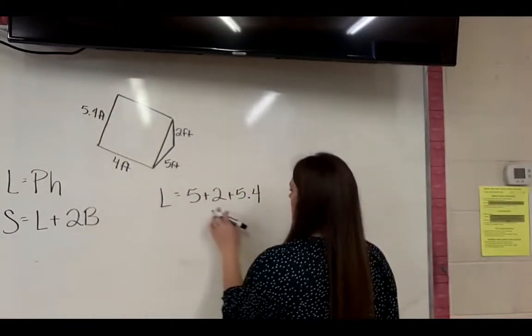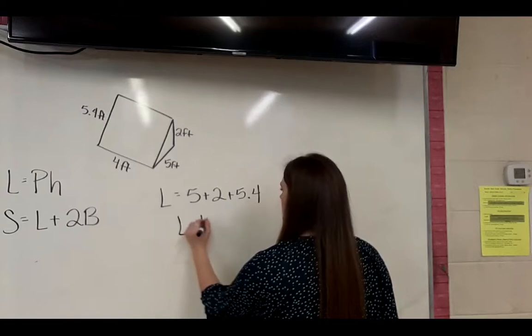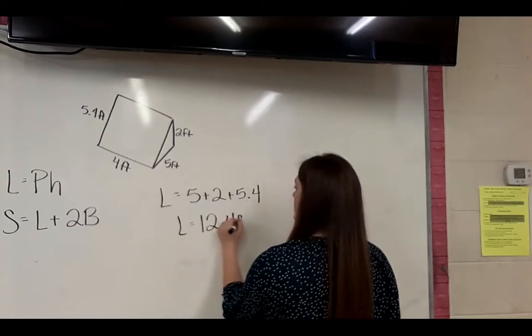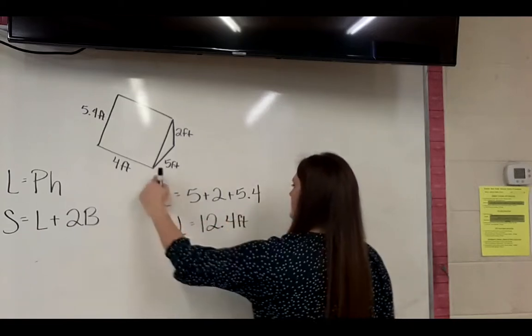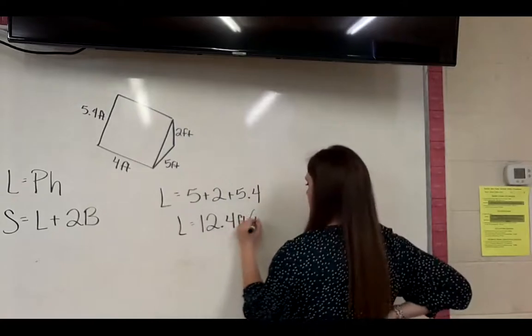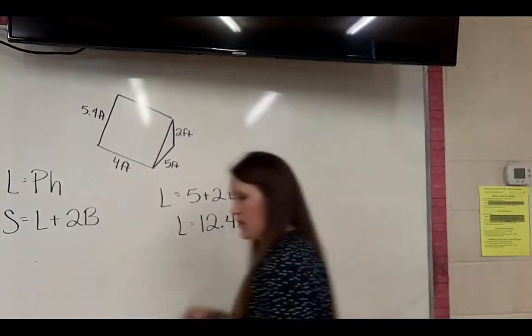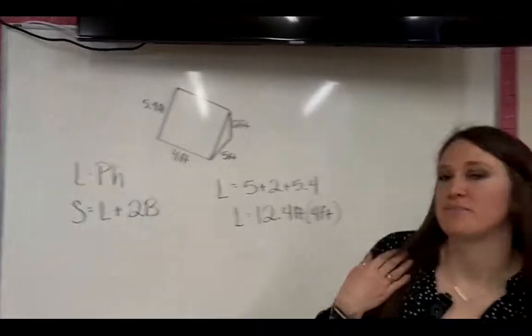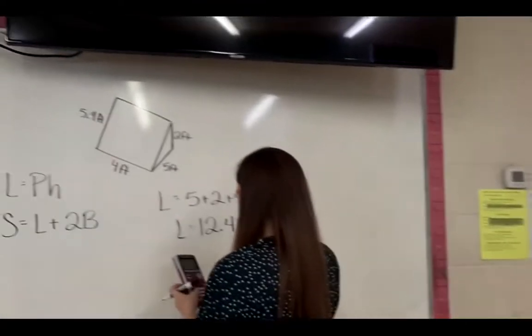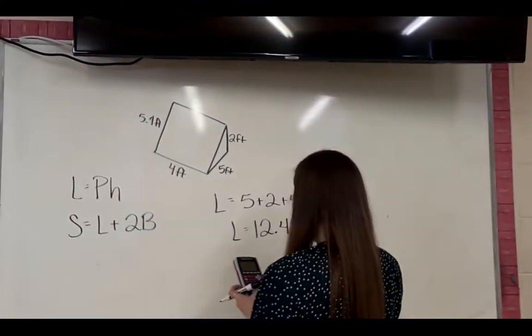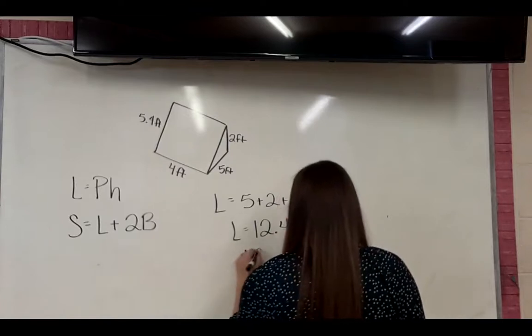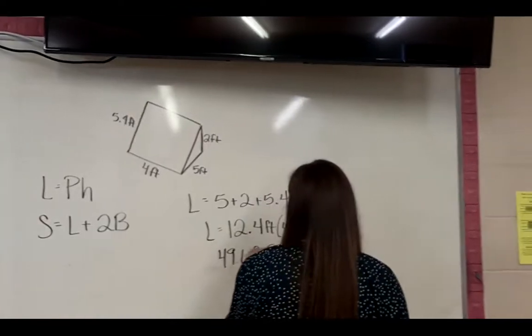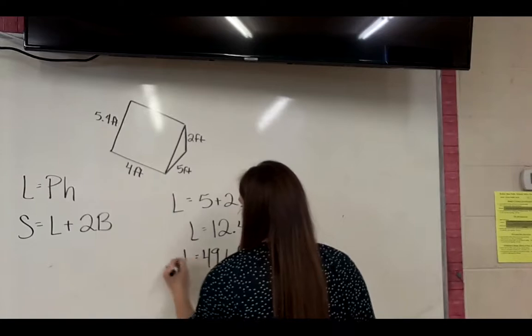So that's 10, 11, 12.4 feet. And then I still have times the height of the whole ramp, which is 4. So I have 12.4 times 4. 49.6. Okay, that is just the lateral piece.